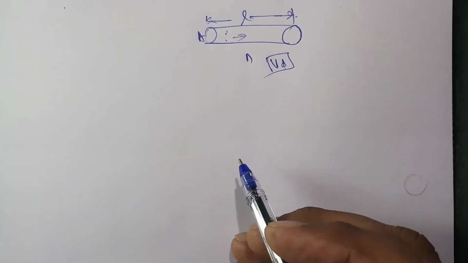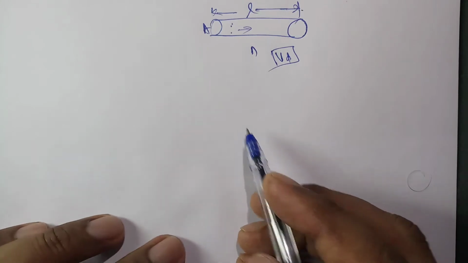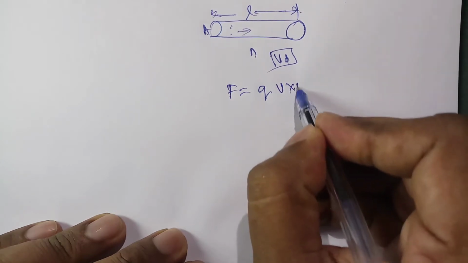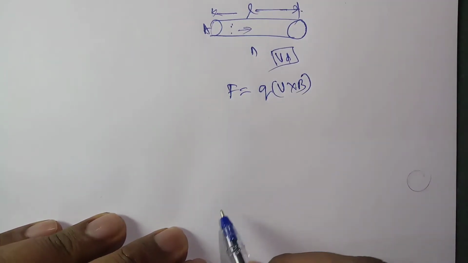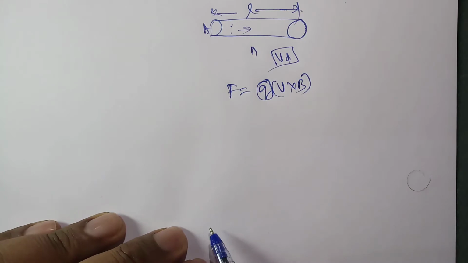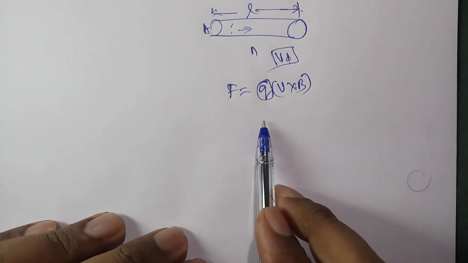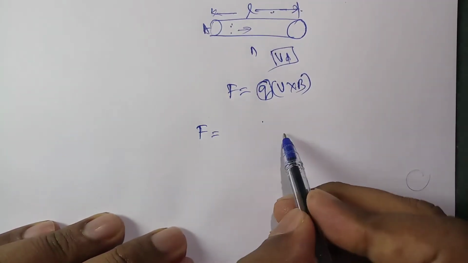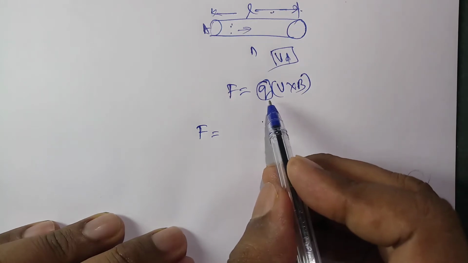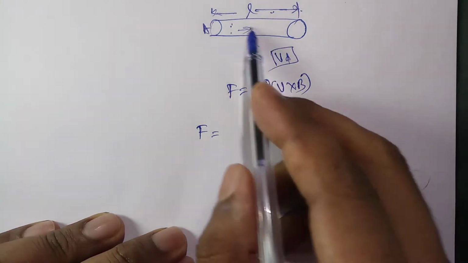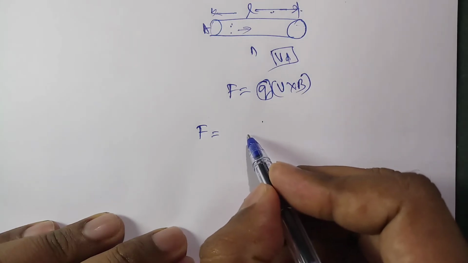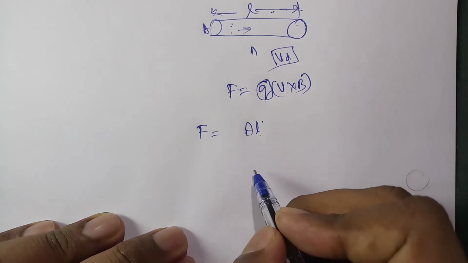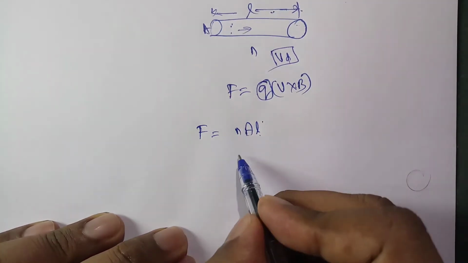Now, what is the force experienced by a charged particle when it is moving in a magnetic field? F is given by Q into V cross B, where Q is the charge. Now if we write the same equation for this conductor, F is equal to, the total charge Q, which means the volume of the conductor, given by A into L, area into length, times n, the number of charge carriers per unit volume.